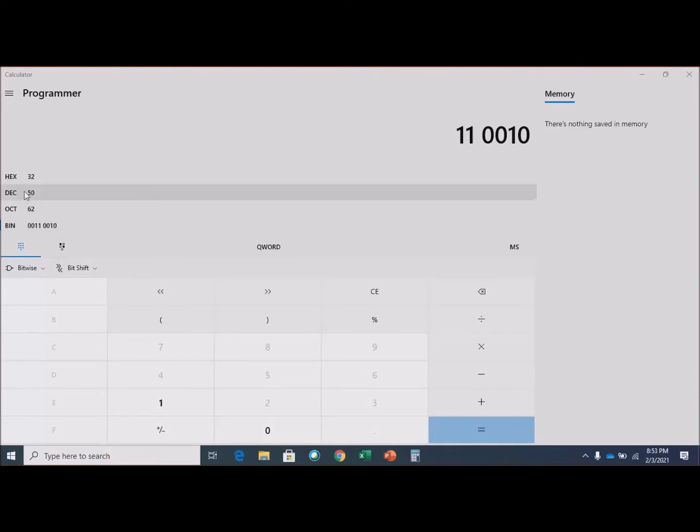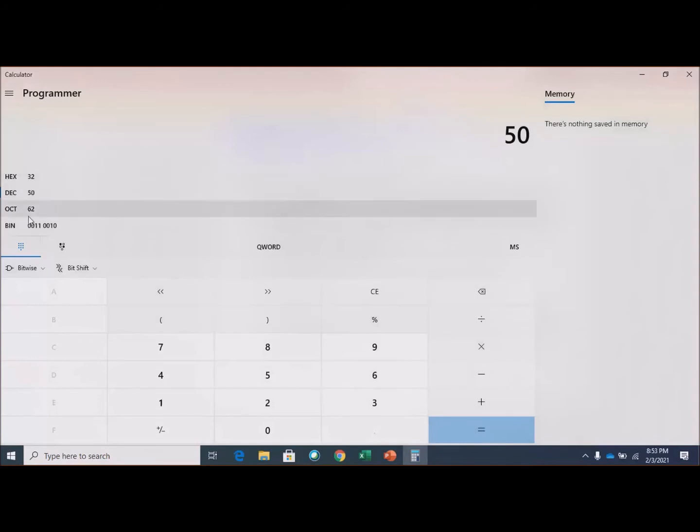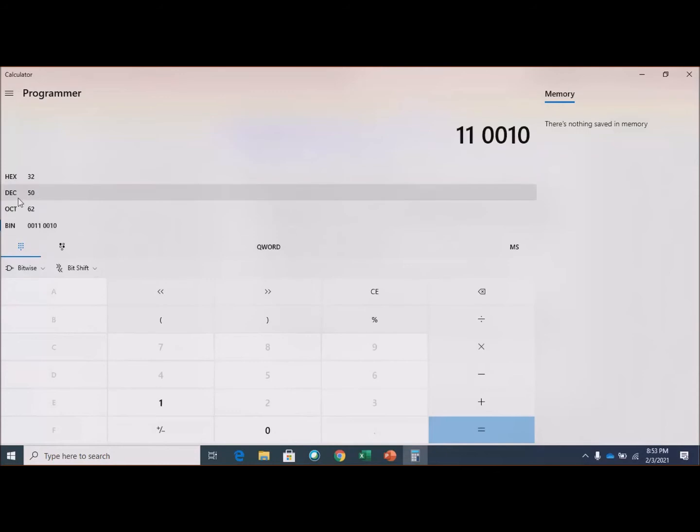We go back to decimal here. We start with 50, and here's what our 50 looks like. Let's start with 0. What does 0 look like?